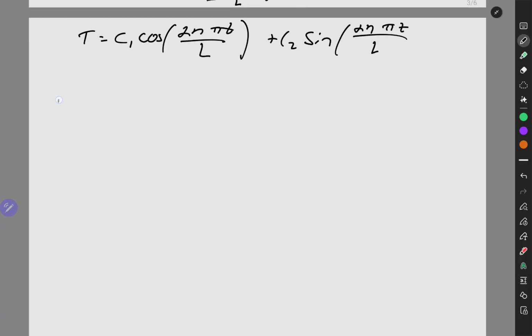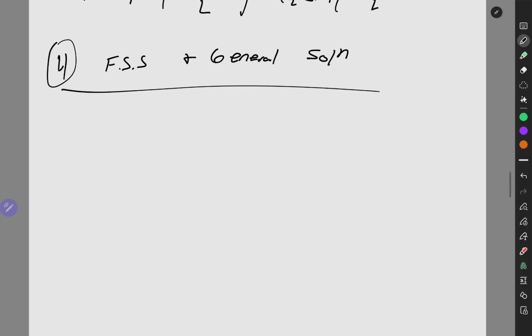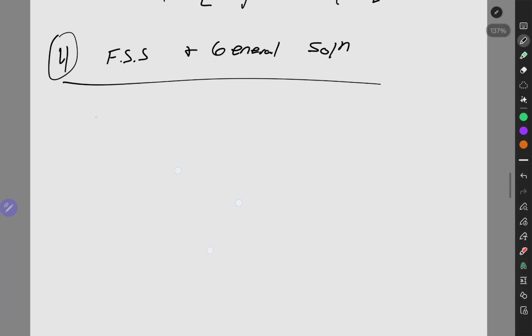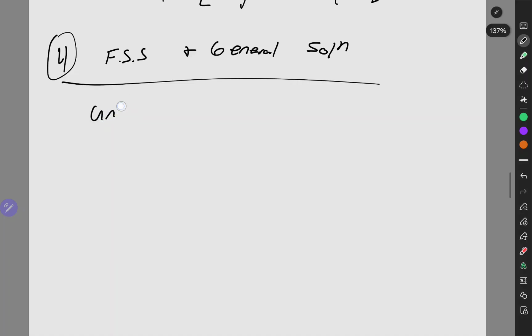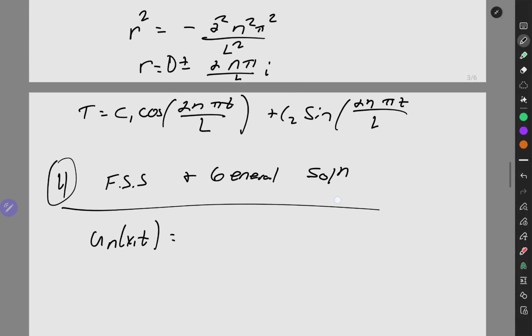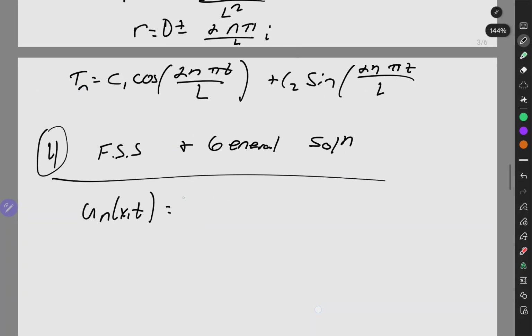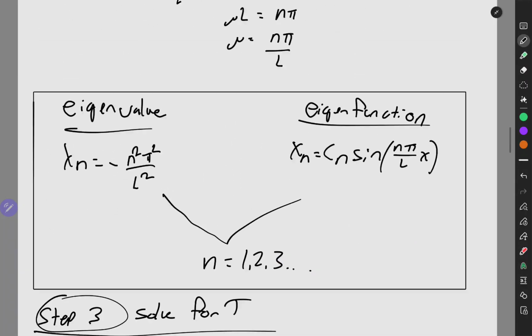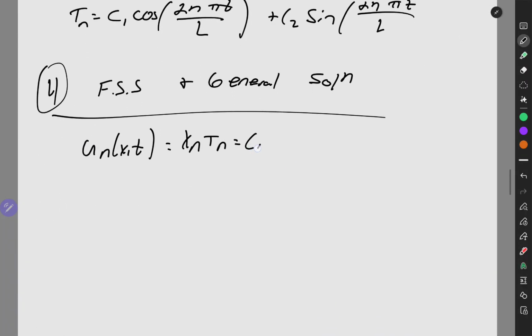Step 4. Fundamental set of solutions and general solution. So for this one, we have u_n of x and t. Remember, u is equal to X of x, T of t, so we're going to multiply them together. Figure out what X_n is, C_n sine.